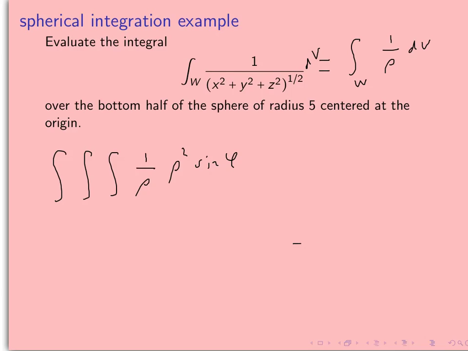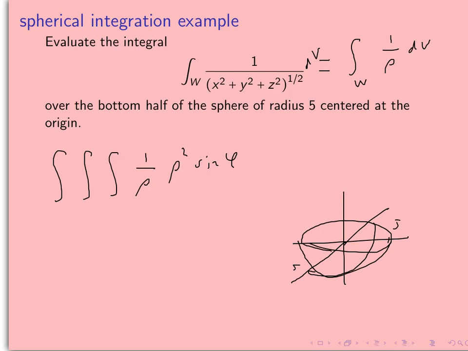It's simply the bottom half of a sphere of radius 5, so it's a sphere below the xy plane. And then there's that circle, which is the cross-section in the xy plane.